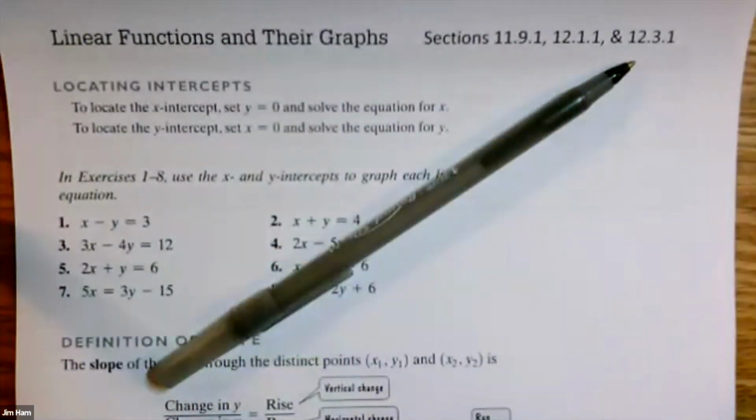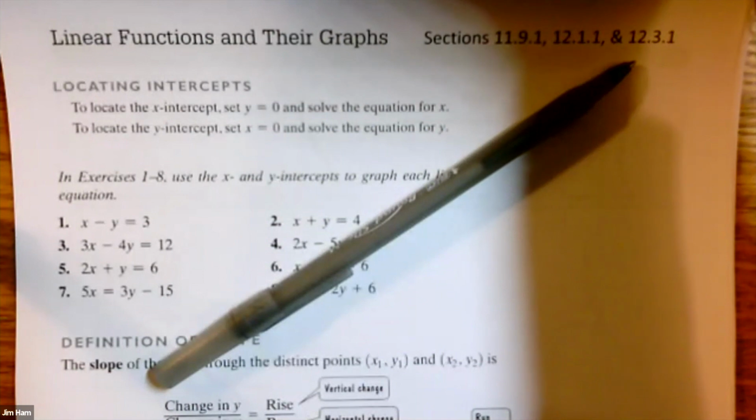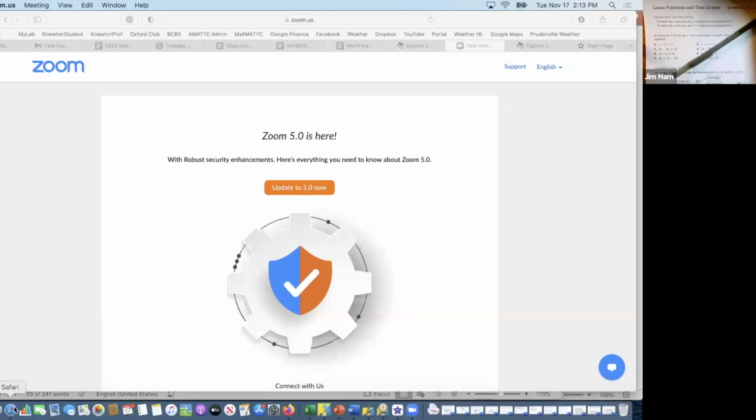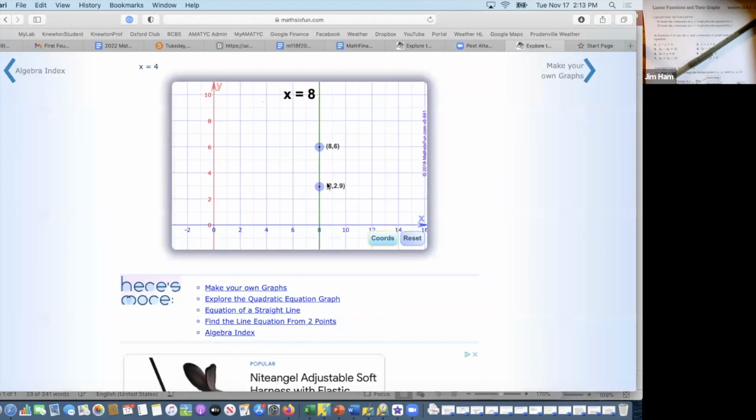Later on, I'm going to ask you to go to a website where you can have a little graph like this, and you move the points around a little bit, and once you get them on the two coordinates that you're interested in, then you can see the equation of the line. This obviously is rounded. This is probably 1/3 x plus 3 1/3.